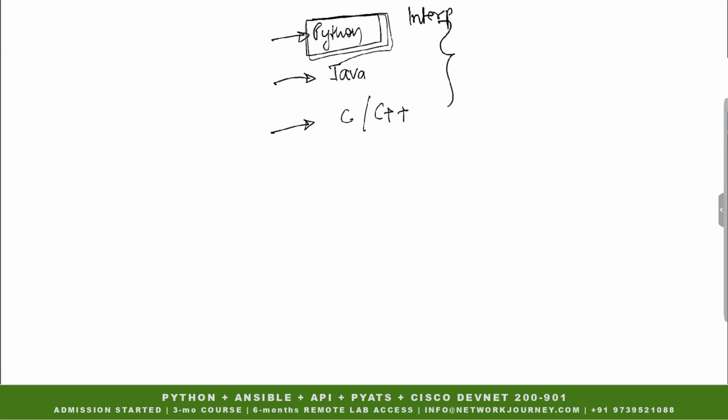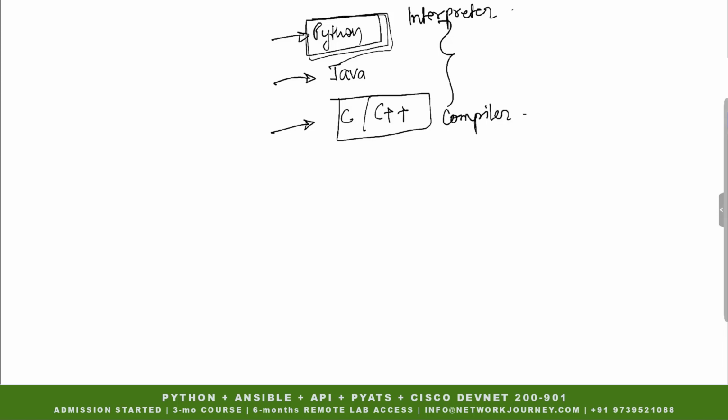So Python, Java, C, C++, these are some of the programming languages. Python is called an interpreter programming language. That means each line is checked before it is converted to machine code. Whereas C and C++ are called compiler programming languages.